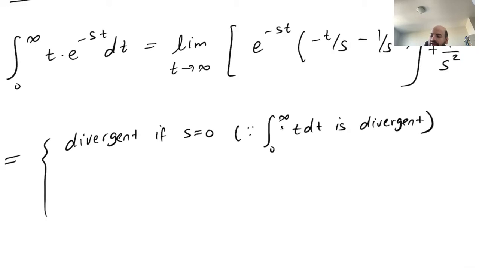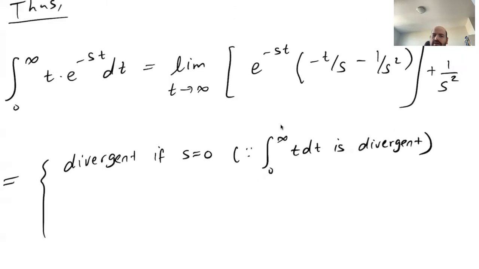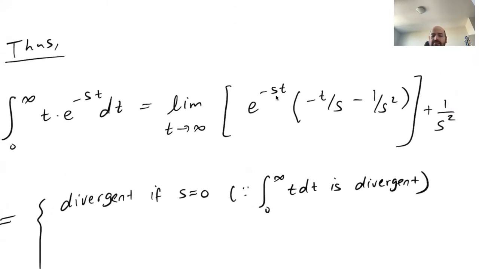Now, what about if s is less than 0? If s is less than 0, s is negative, so minus s becomes positive. So this becomes e to power infinity, which is infinity. And this will become minus infinity over a negative number, which becomes positive infinity. Positive infinity minus a constant will be infinity.